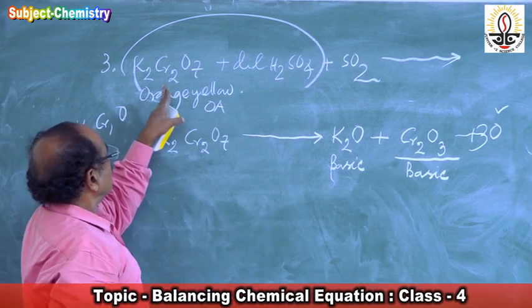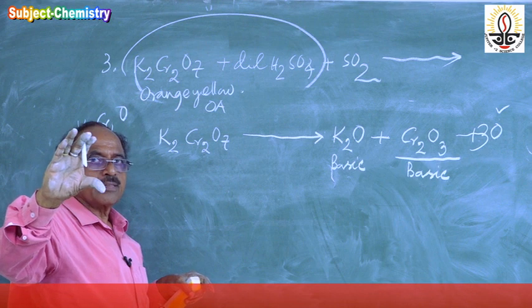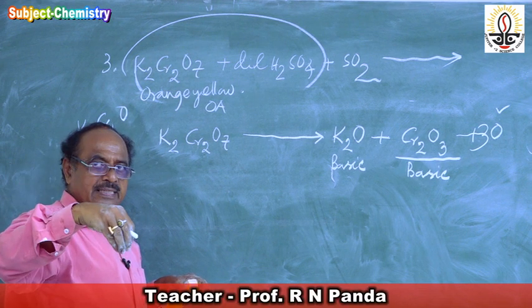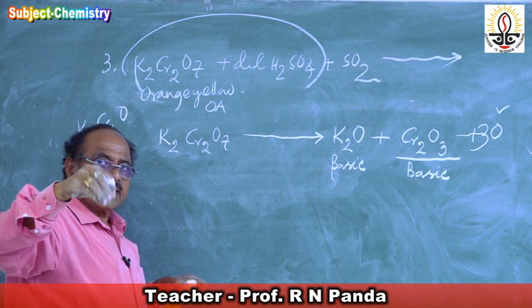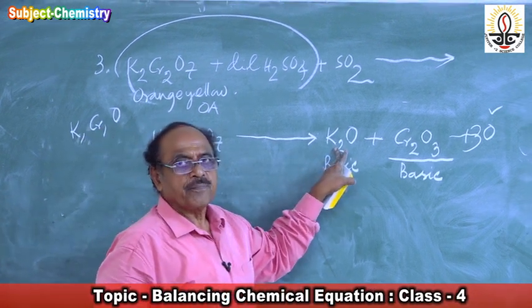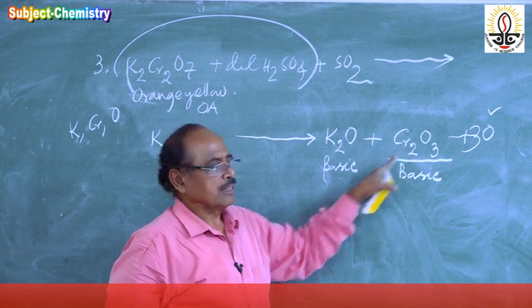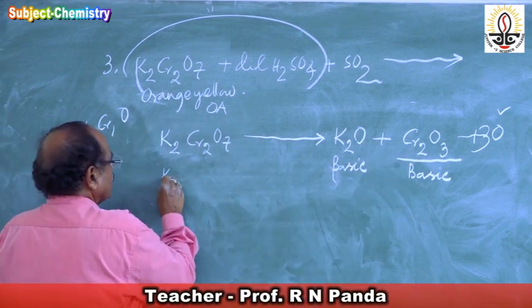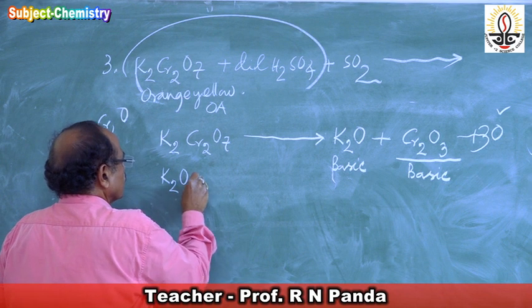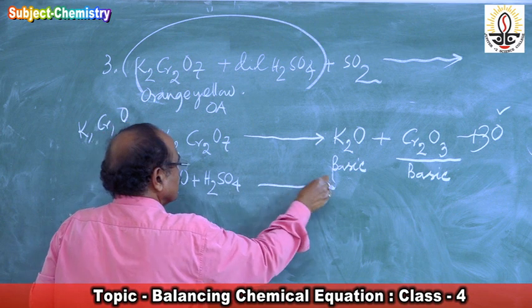Now they will react with whom? What have we done? We have taken potassium dichromate and added sulfuric acid to it. So that sulfuric acid will react with potassium oxide and with chromic oxide. So K2O plus sulfuric acid, H2SO4.